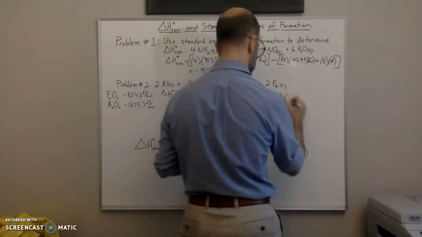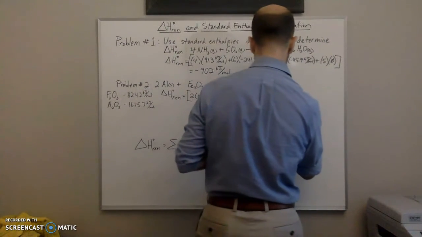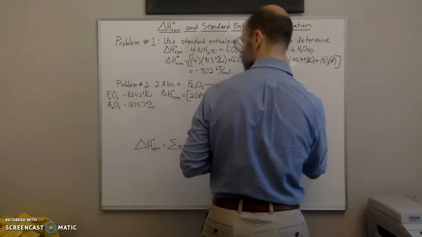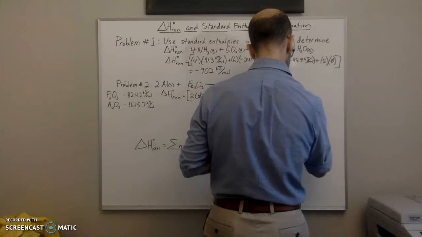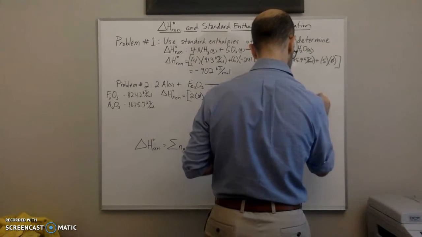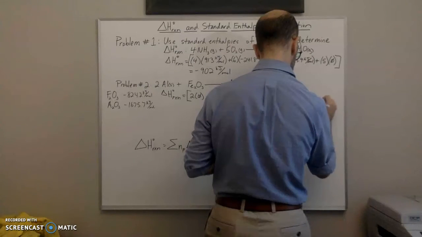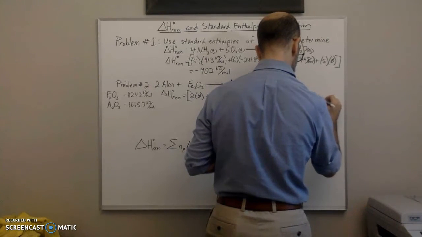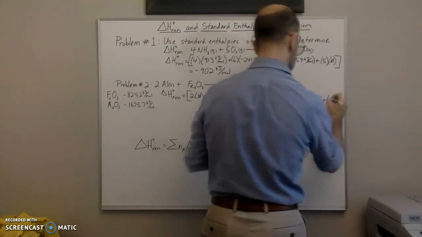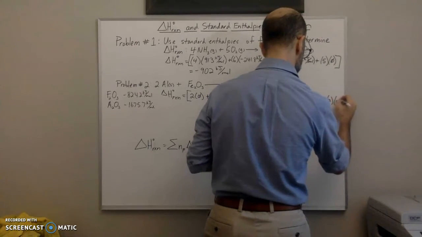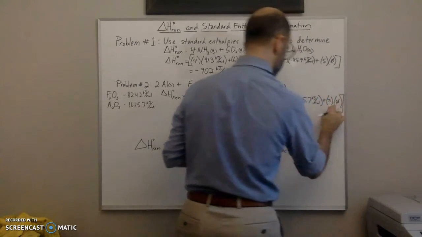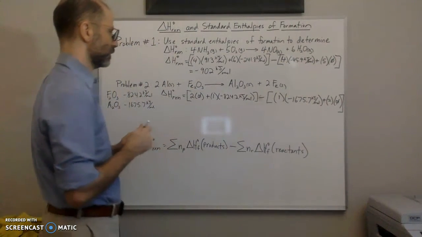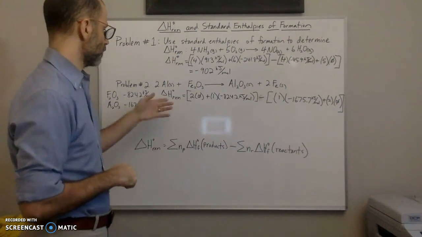So it's going to be 1 times negative 1675.7 kilojoules per mole, plus, and then we have 2 moles of the iron, but we're going to be multiplying that by 0 since it's iron in its standard state.